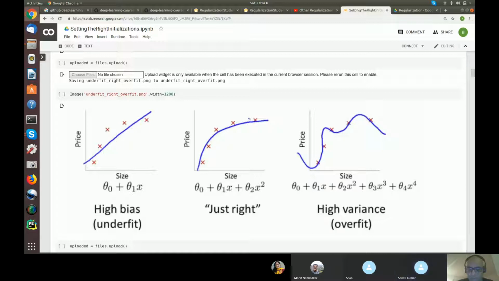So, as Senthil said, this theta 3 and theta 4, if we can force them to 0 or close to 0, then the model becomes similar to the one in the middle.